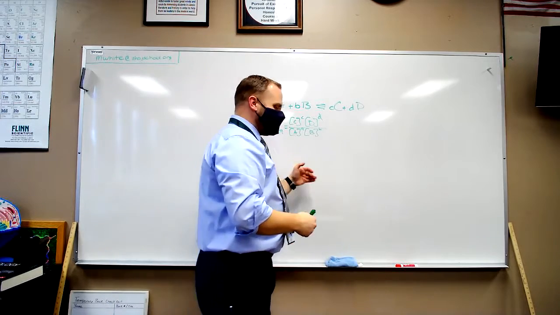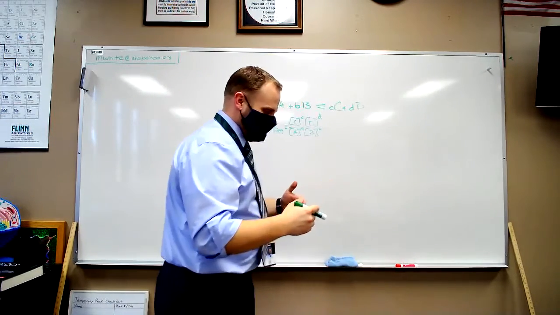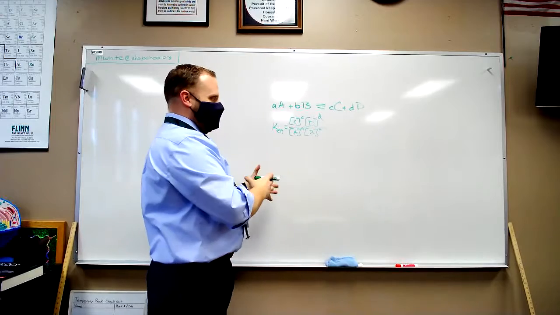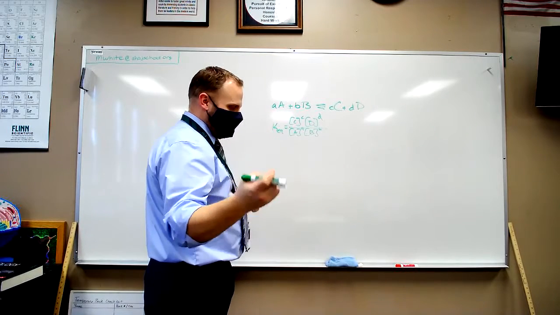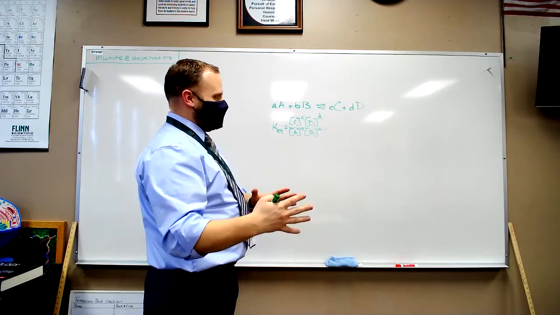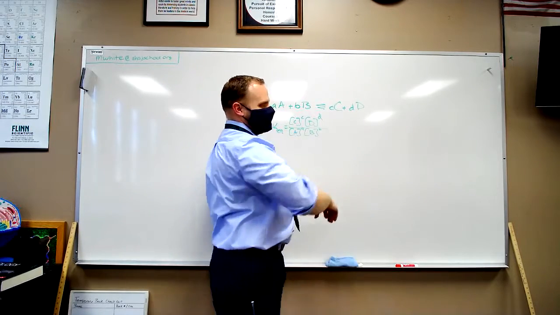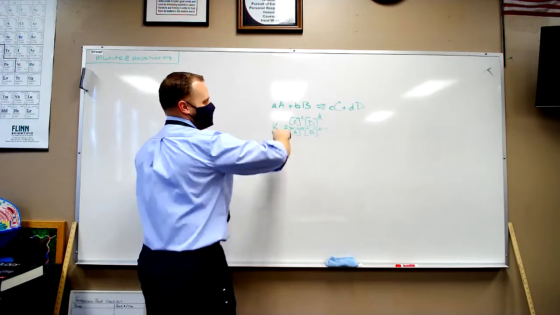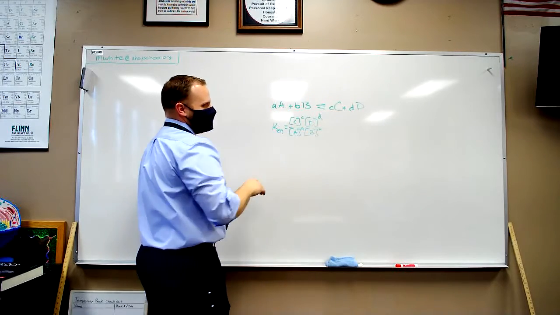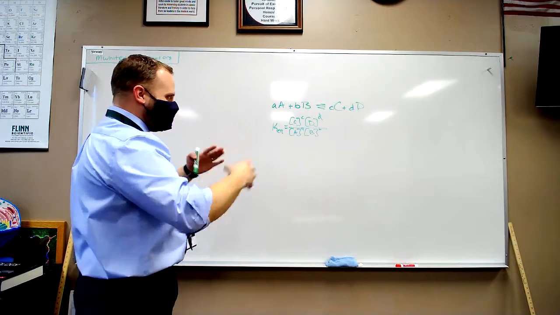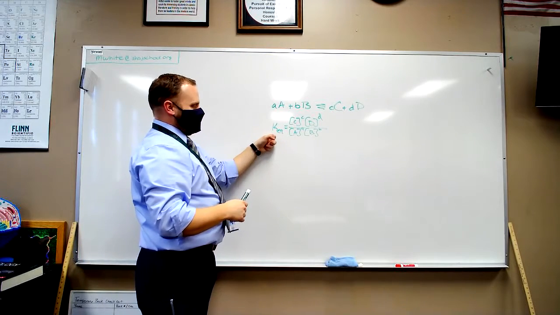And so if you add something that shifts away, it would make sense that if you take something away, it shifts toward that. So if we are removing these products as they're being made, it forces all of this to keep going to try and get to equilibrium. It wants to get to the concentrations that are going to give us this value.